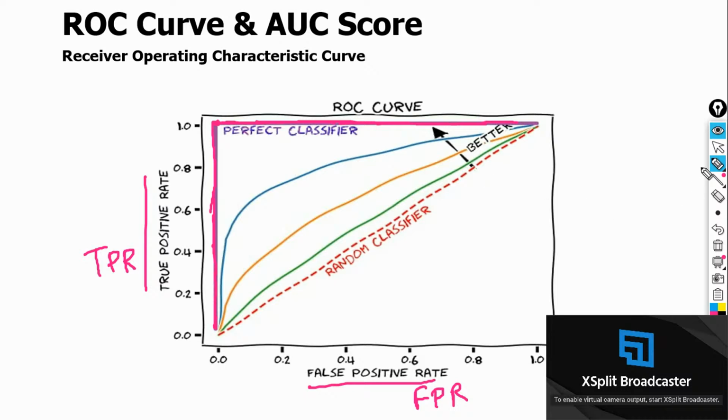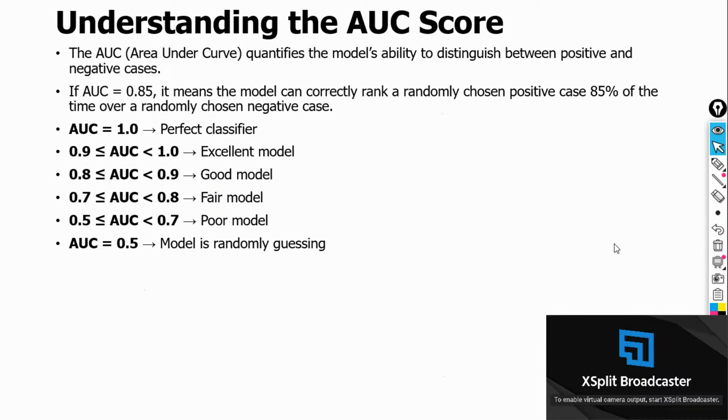Now let us also talk about AUC, the area under the curve, which tells about your model, friends. If the area under the curve is 1, we say that it's a perfect classifier. It is the right model that was built to classify our categories. If it lies between 0.9 and 1, we say it is an excellent model.